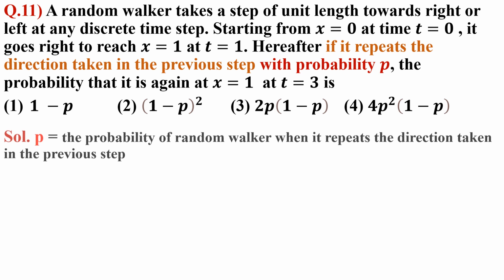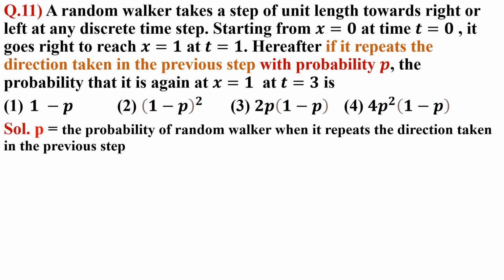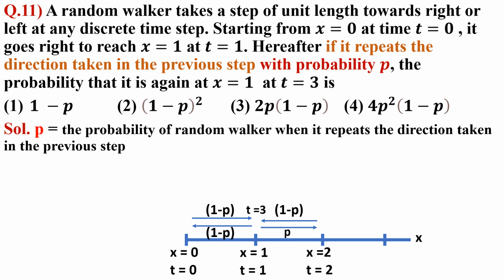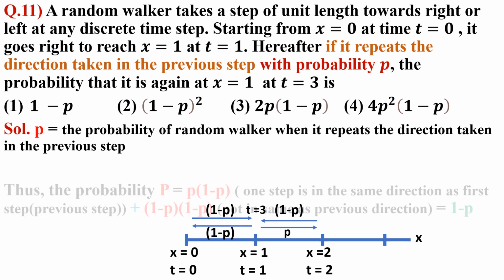Solution. p is the probability of the random walker repeating the direction taken in the previous step. You can see the figure. When the random walker repeats the same direction as the previous step, its probability will be p, whereas if it goes in the opposite direction to the previous step, it will be 1 minus p.